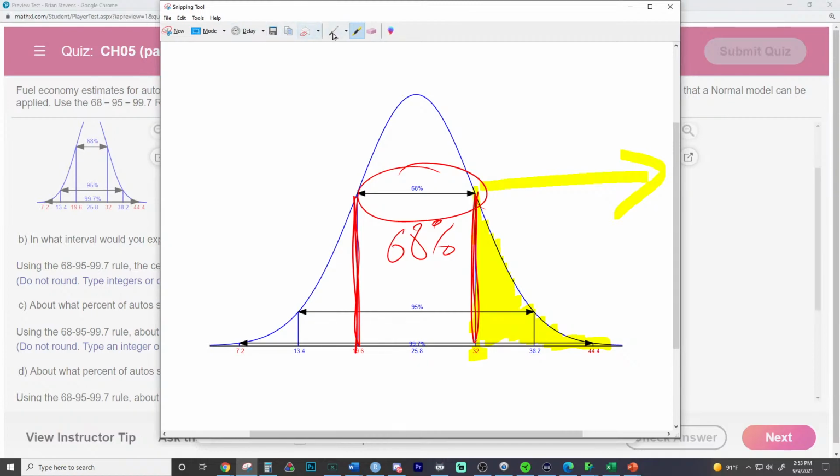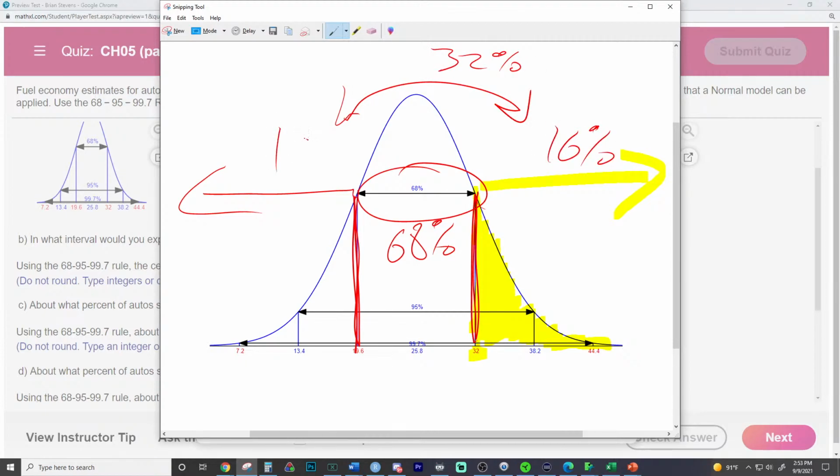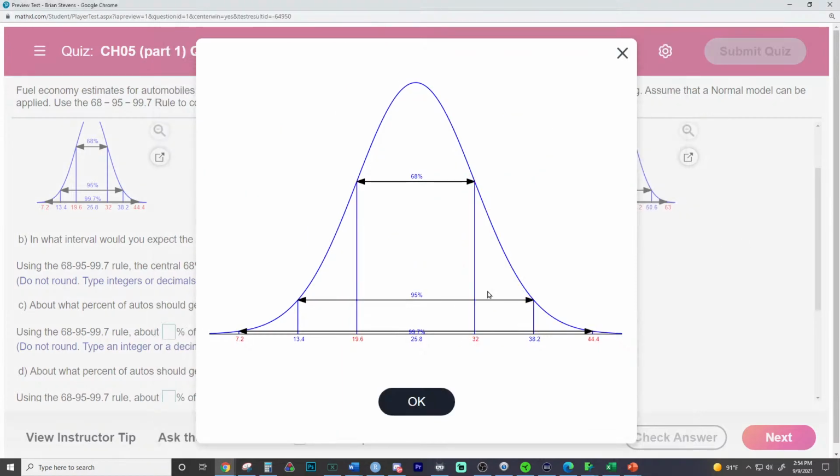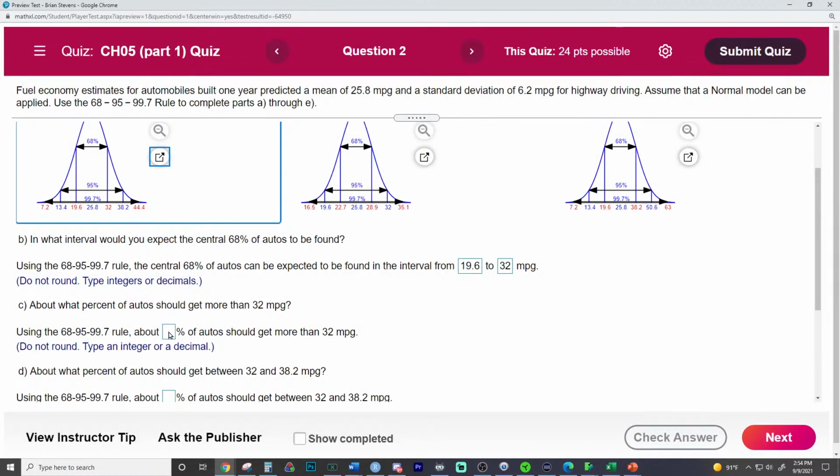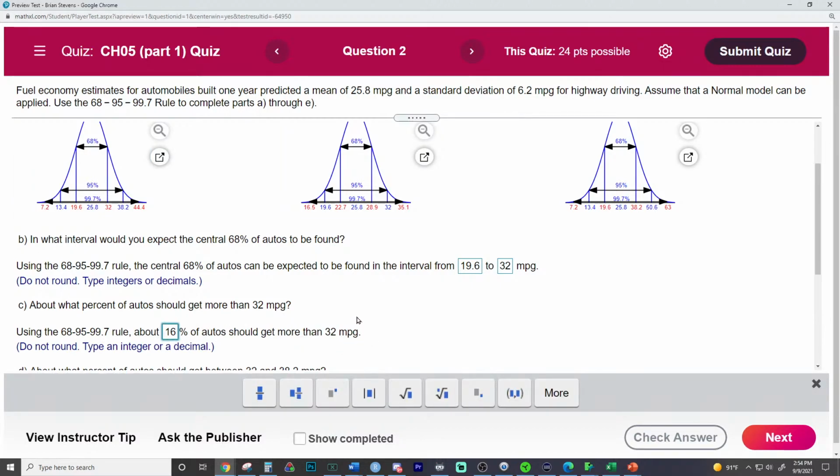Well, if 68 is inside, then 32 total is outside. Nice job. Yep, you're getting it down. And that means 16% on either side. You know you've done this correctly if you add it up and everything equals 100. So the shaded area I have here in yellow is 16%. So that is, and it's above, right? Because I messed one up last time. Percent should get more than 32, so it's 16.